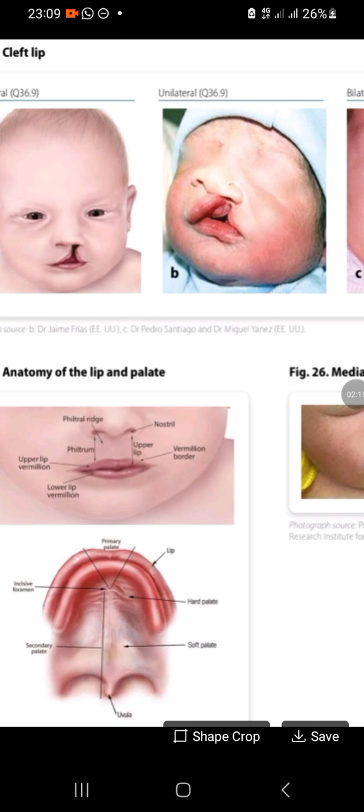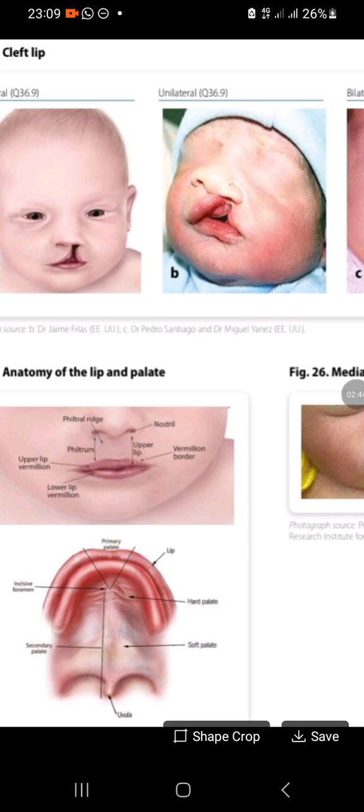So sometimes we say this cleft lip is a result of genetics. Yeah, this is true. There is what we call Patau syndrome. It is also called trisomy 13. It's a result of an extra chromosome on number 13. So the features of Patau syndrome include the cleft lip.